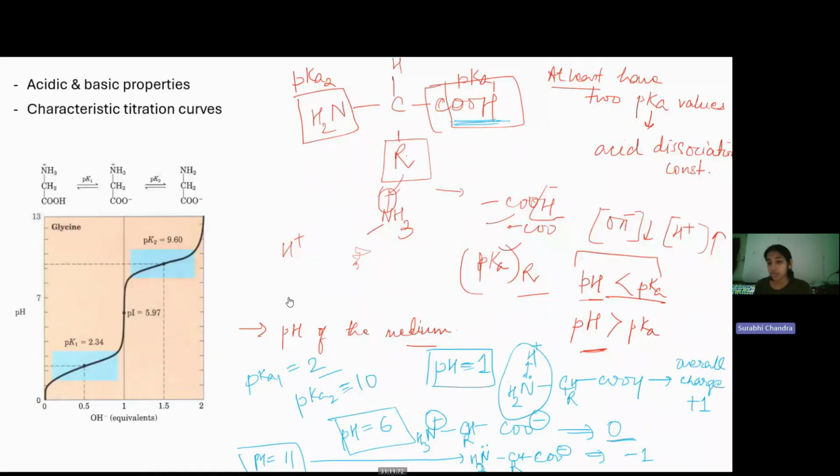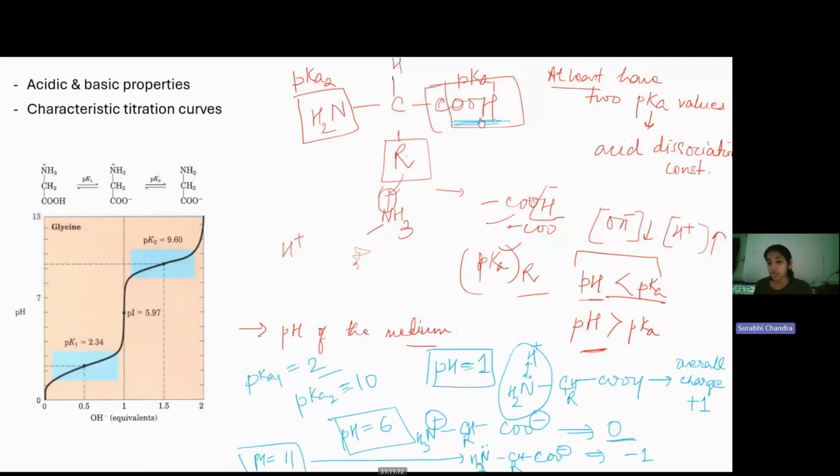Now, if there are more H plus ions in the medium, then definitely the amine will donate its lone pair and eventually exist as NH3 plus, and the carboxyl group will exist as COOH form.